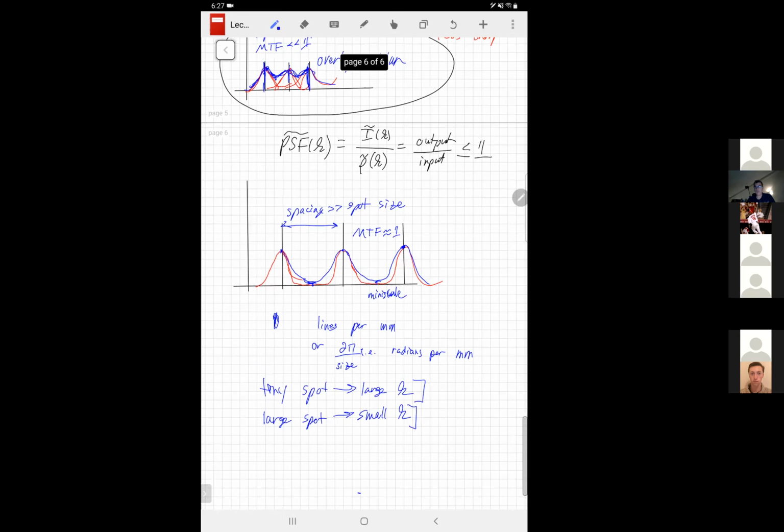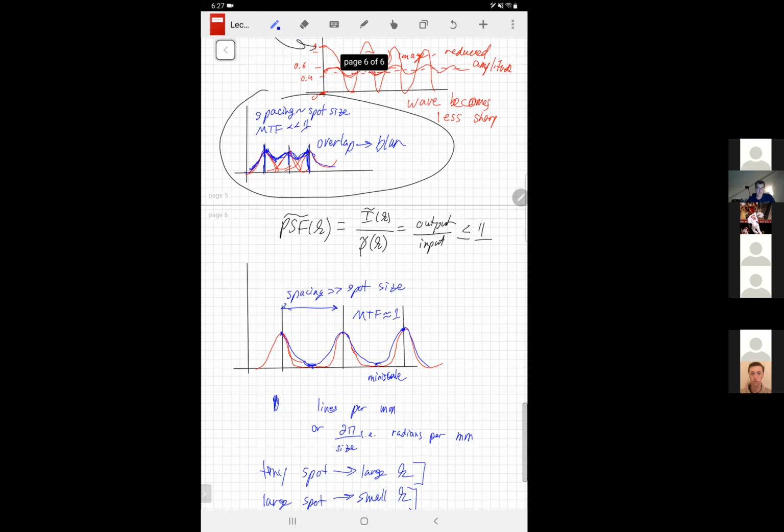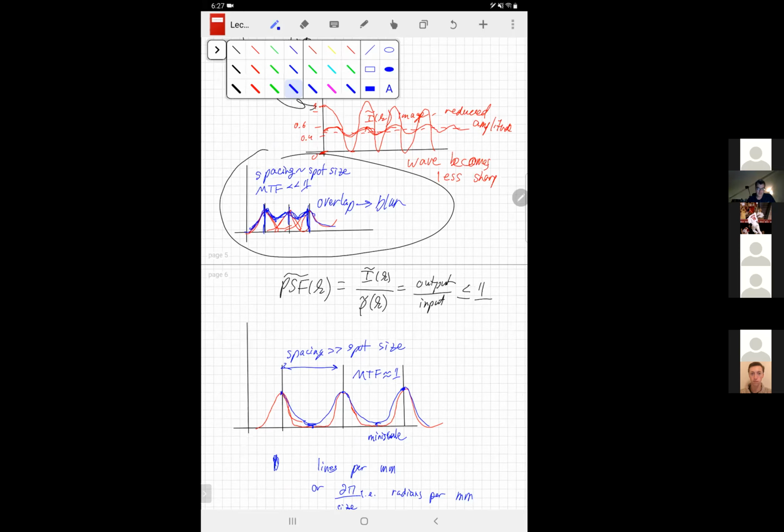So, okay, you've got pretty much perfect fidelity there. If, on the other hand, it's a substantially smaller amplitude, that's like having objects whose spacing is comparable to the spot size or the size of the point spread function.